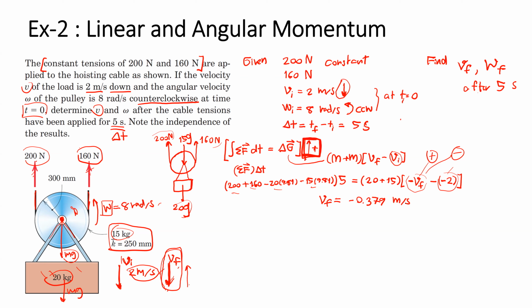What does it mean by the negative magnitude here? It means that the actual direction should be the upward direction. It should be the upward direction.